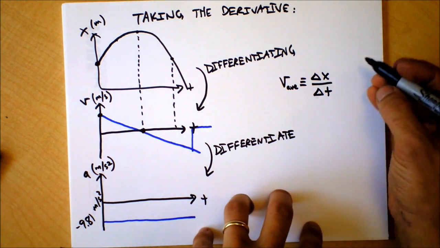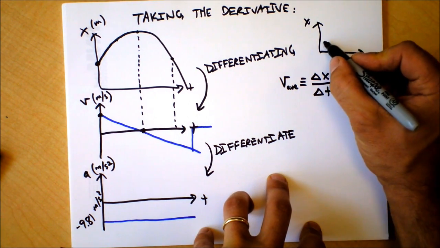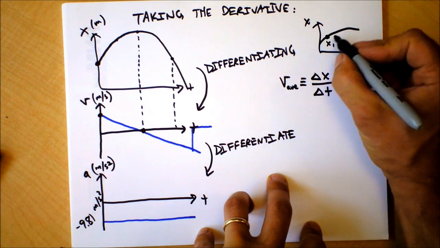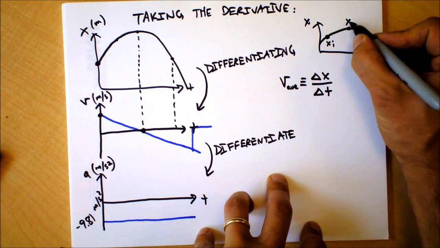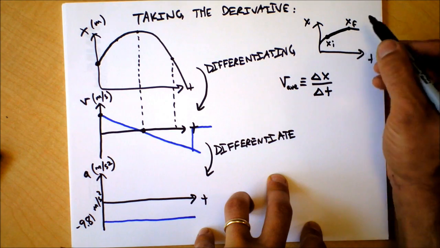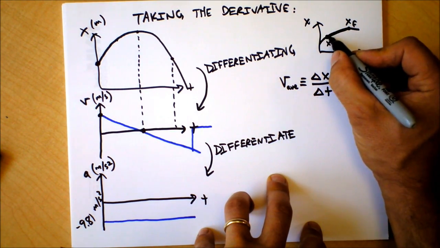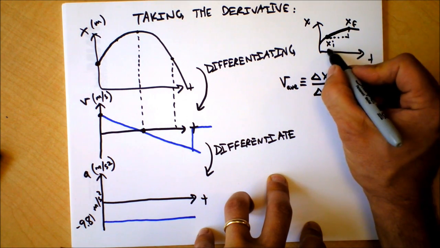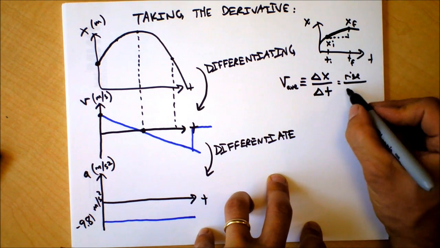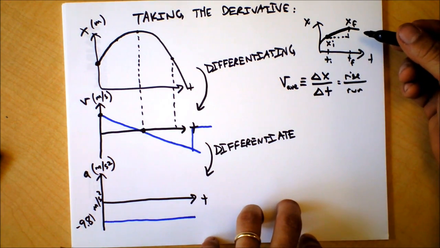That says if you have a position versus time graph and something's doing this, you say this is the initial position and this is the final position, and you're supposed to find the change in x, which is just the rise, and then you're supposed to divide that by the change in time, which is ti, tf, which is the run. And so of course that's the slope of this position versus time graph.